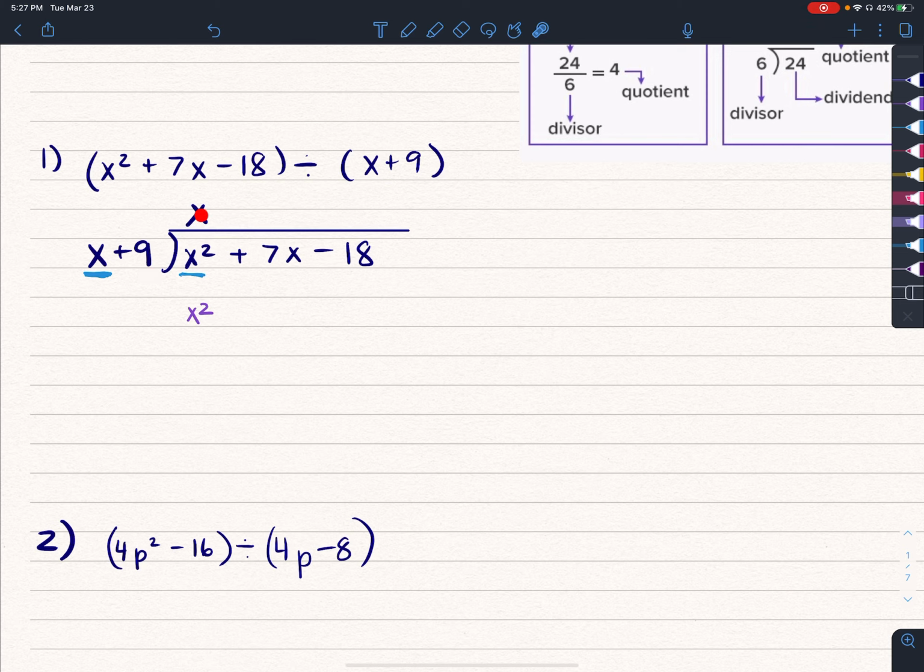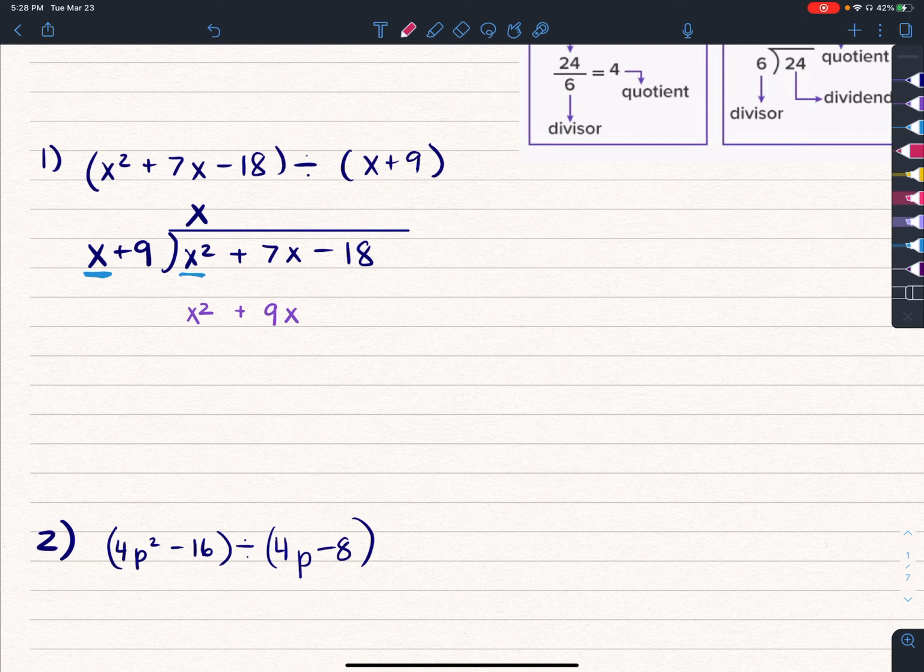I have to follow through and distribute this x to the second term as well. So now we have x times 9, plus 9x, and that gets distributed here. Notice how my degrees are lining up. I have my x squareds together, my x's together.